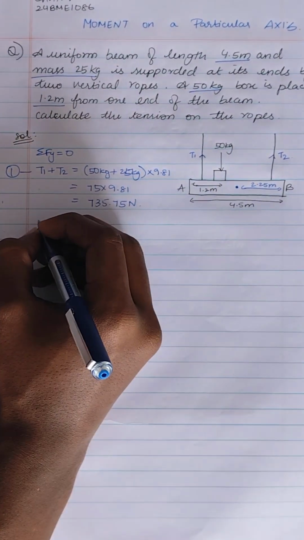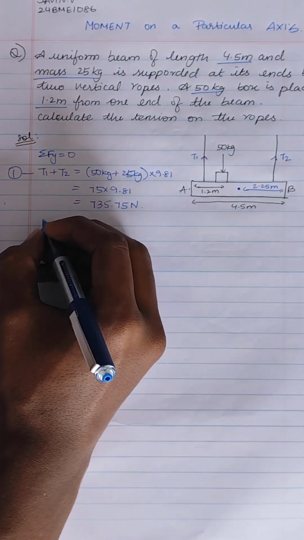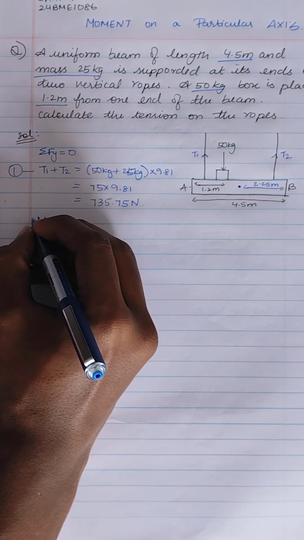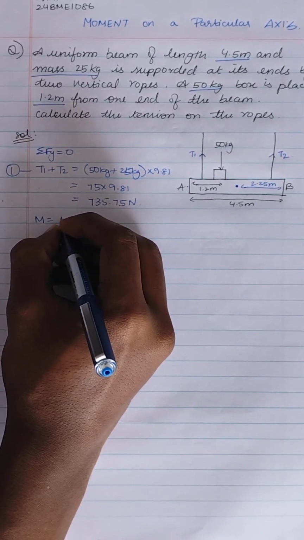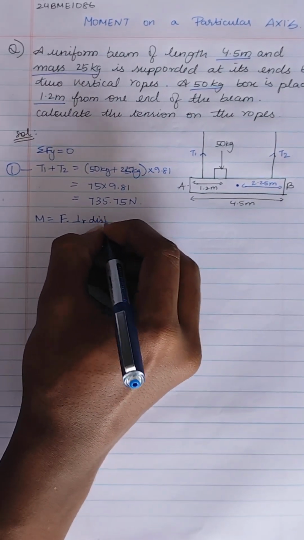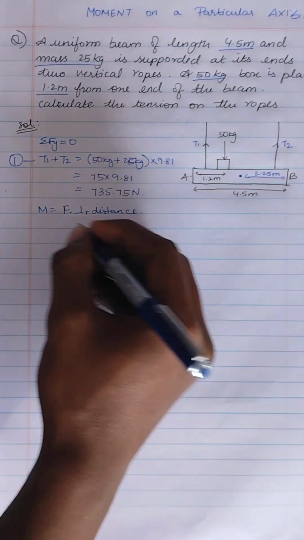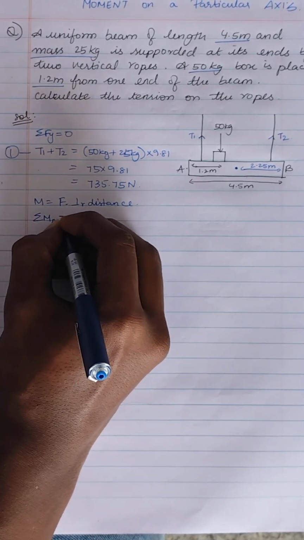And now we have to find the moment on point A. Moment formula is force into perpendicular distance. So here the sum of moments on A equals 0.